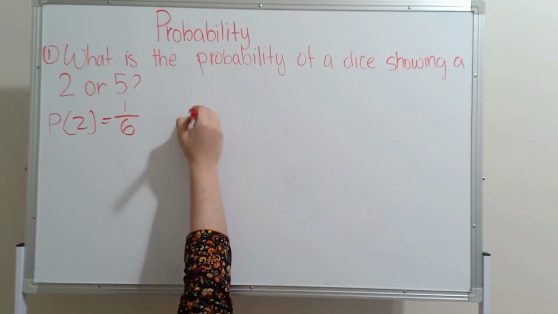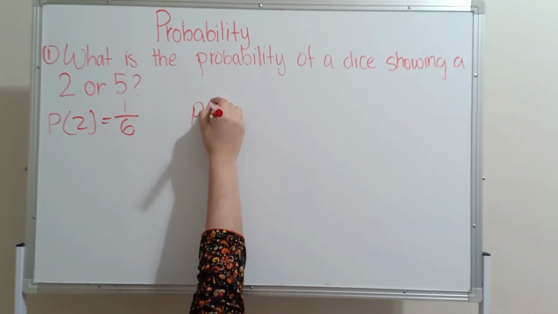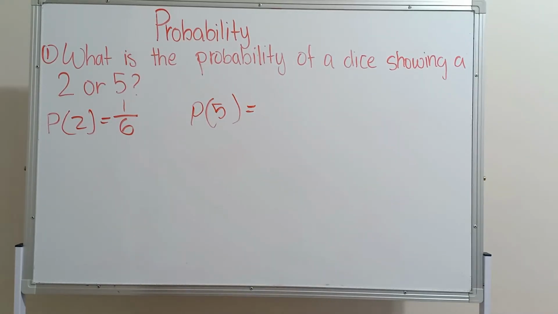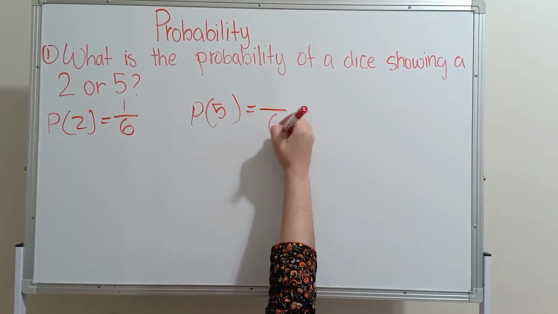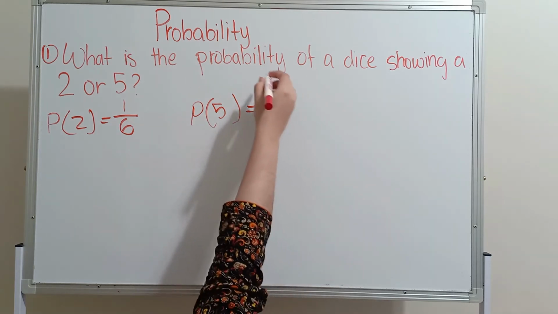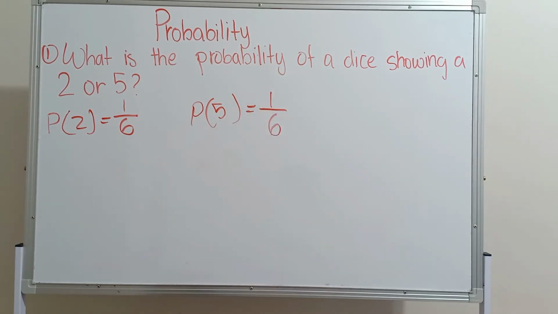So we are going to do the same thing, probability of 5 equals, now the sides remain the same, the 6 sides, and we now know again that 5 is only on one of the sides out of the 6 sides on a dice. So it's going to be 1 out of 6.